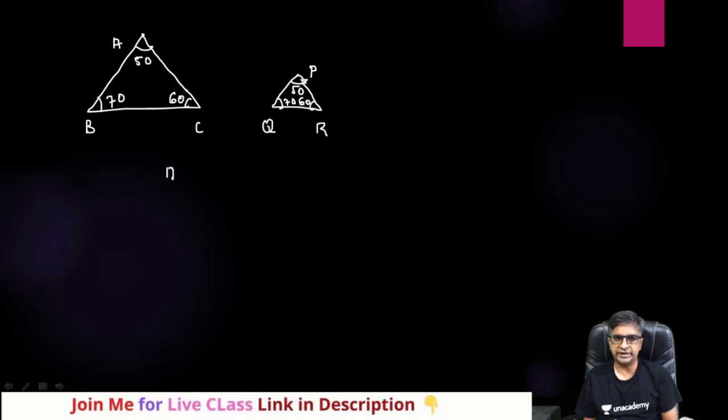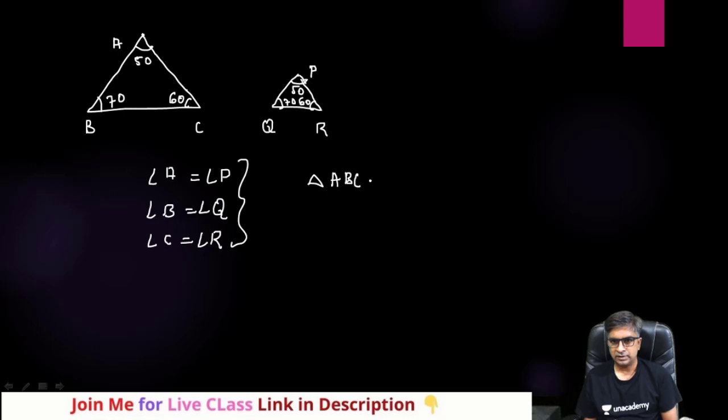So here we know that angle A equals to angle P, angle B equals to angle Q, and angle C equals to angle R. All the 3 angles are equal. So we can say that triangle ABC is similar to triangle PQR by angle similarity.